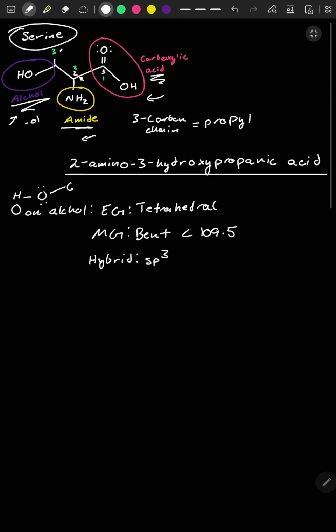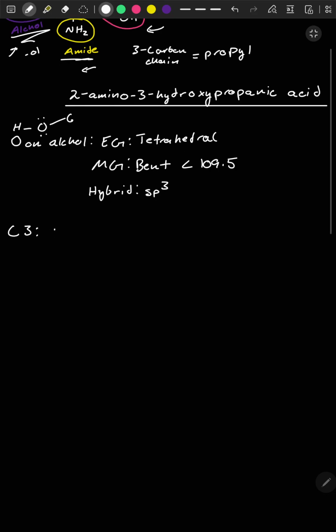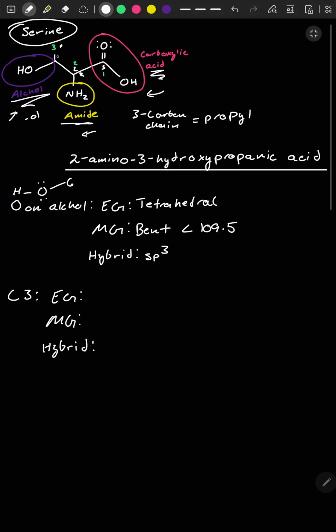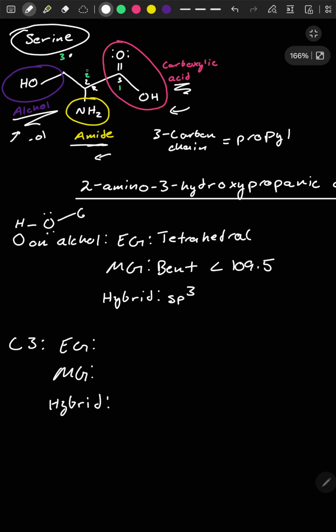So then we'll go to carbon 3 next. So that's going to be this one right here. For carbon 3, we are going to do electron geometry, molecular geometry, and hybridization. This makes it look like it has a bond right there. It does not. So it's going to the oxygen, it's going to another carbon, and then it will have 2 hydrogens on it.